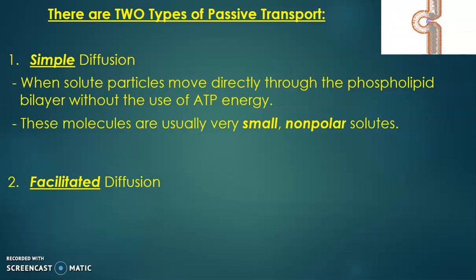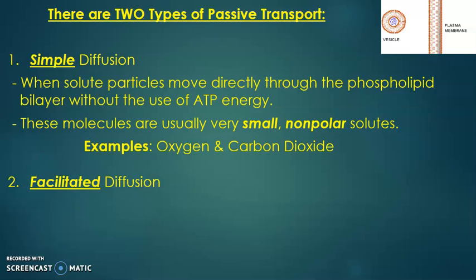So since the hydrophobic tails in the middle of the membrane are also nonpolar, these molecules will not be repelled. Most times, these are types of gases like oxygen and carbon dioxide, which are both nonpolar and very small. So they can both move in and out directly through the lipid bilayer, unaffected, never slowed down. They're going to be able to move right through with no hindrance.